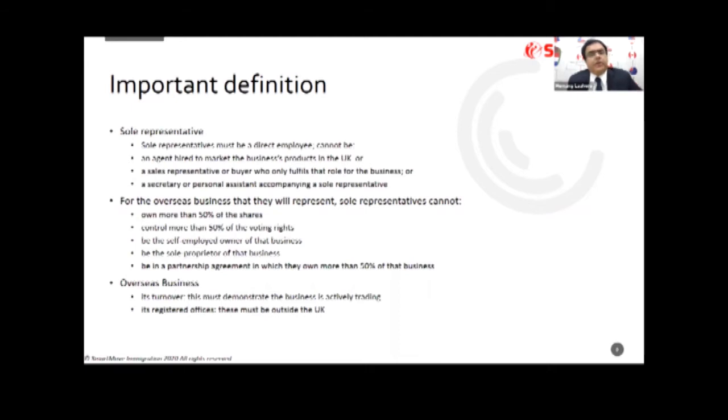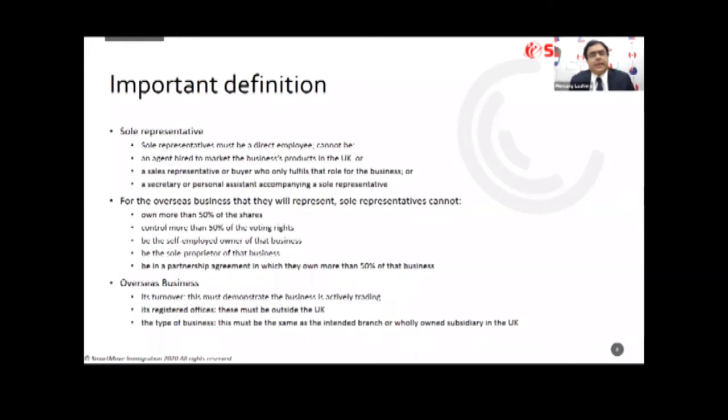And then they're looking at setting up a branch or a subsidiary in the UK. If a business already exists in the UK, then it doesn't qualify under this route. Then we would generally advise them to look at the tier 2 on the sponsor license side and do a work permit kind of an approach. So that's typically what we would look forward to.